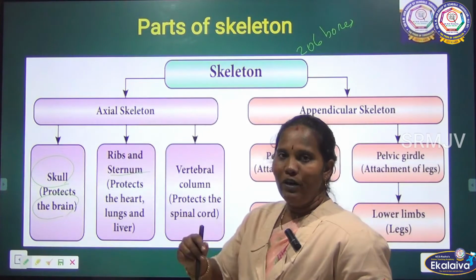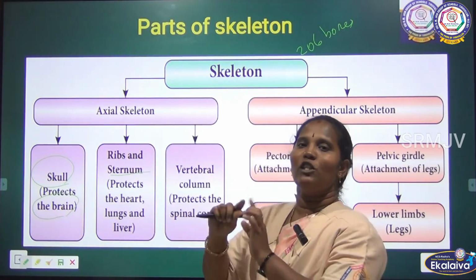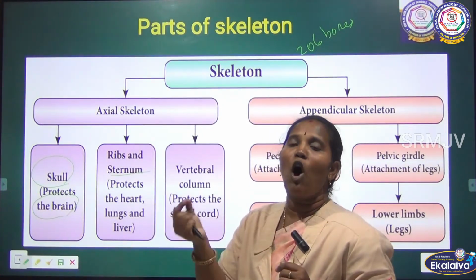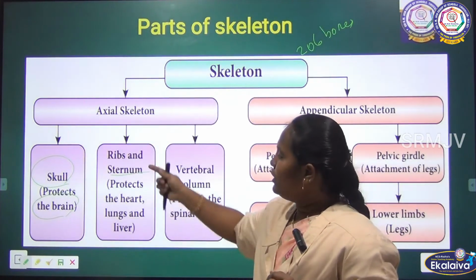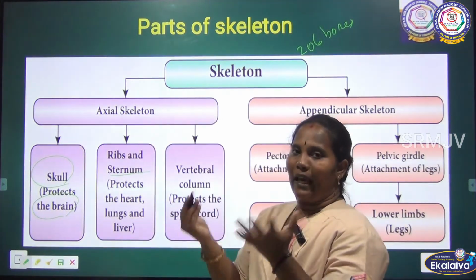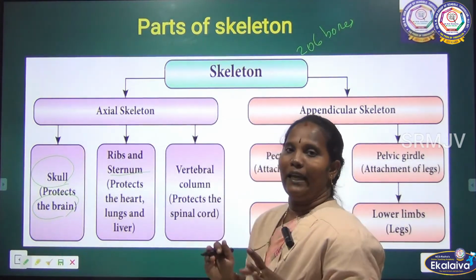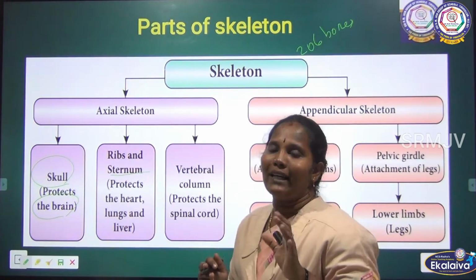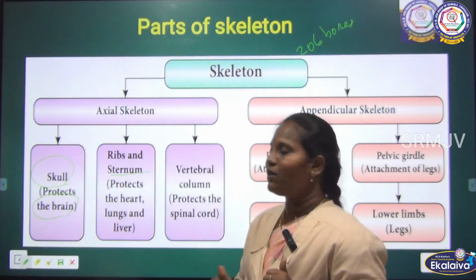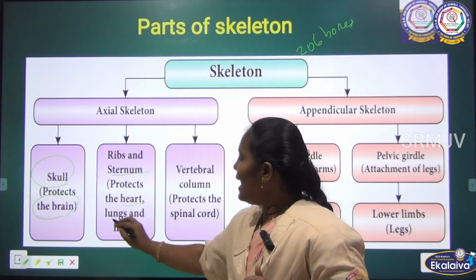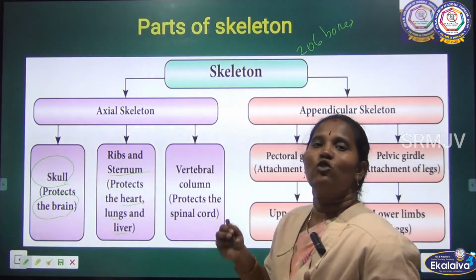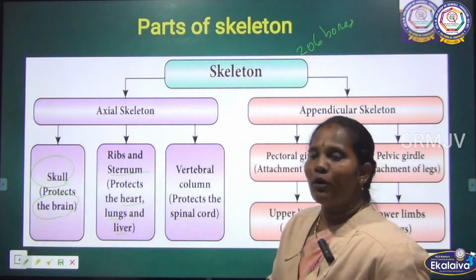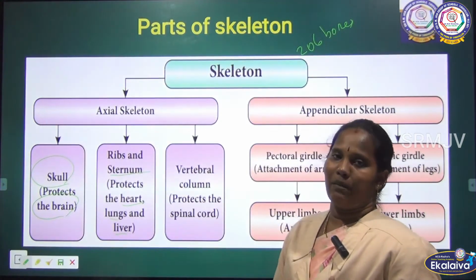The breastbone and the vertebral column are joined by the ribs, which make a cage. Inside this cage the soft inner organs are protected. What are they? The heart, lungs and liver are protected with the help of this rib cage.